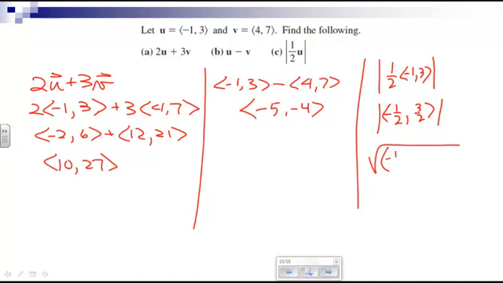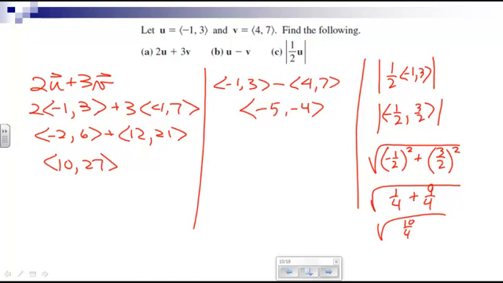The square root of the square of negative 1/2 plus the square of 3/2. And I'm going to get the square root of 1/4 plus 9/4, the square root of 10/4, or the square root of 10 divided by 2. Well, the square root of 4 can end up being a 2. By the way, that's one way to do that problem.